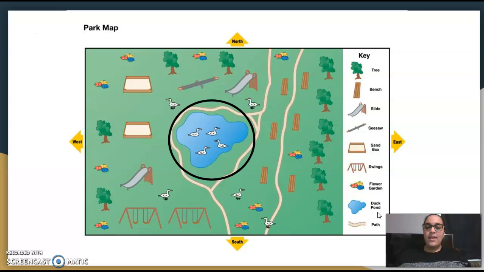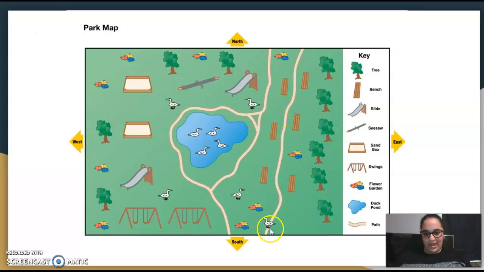Good job. Now here is the tricky question. It's tricky because sometimes we might think it's something and it's not. So we want to know how many paths there are in this map. Can you count them? Now, some of you probably said there's only 2 paths. You said this is definitely one path, and then you said this is a second path.